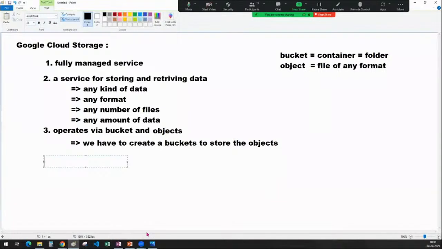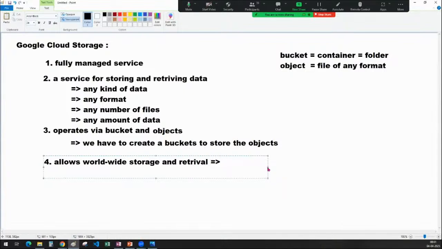The fourth point I want you to understand is that Google Cloud Storage allows worldwide storage and retrieval. What does that mean, sir? One more basic concept is coming.